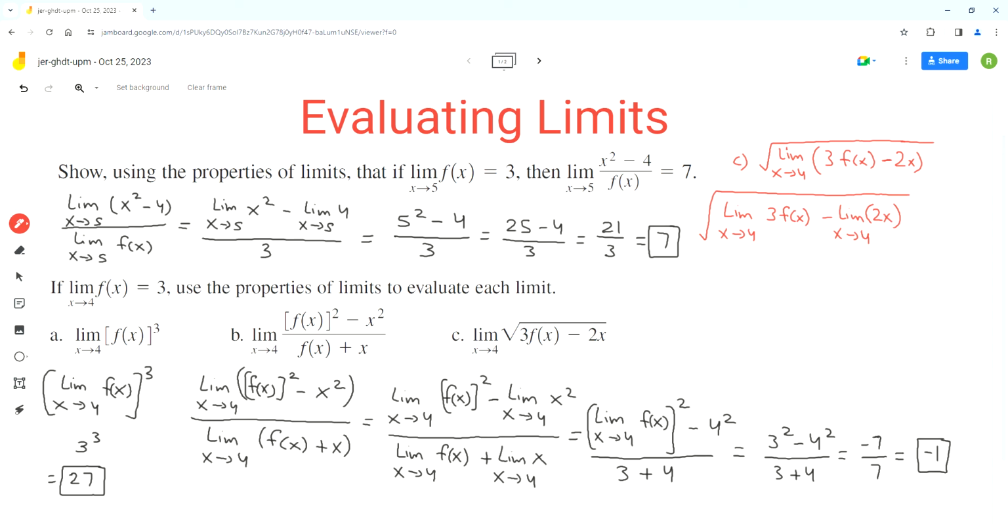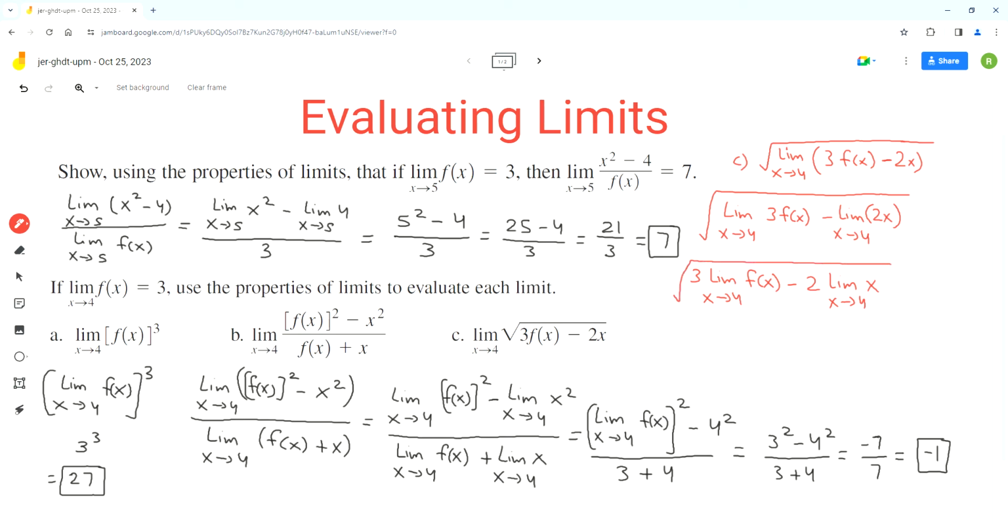So 3 is a constant, so we can move it to the front of the limit expression. So we can rewrite this as 3 times limit x approaches 4 f at x, and we can do the same with the 2. So we get 2 times limit x approaches 4 x, and all of it under the square root.